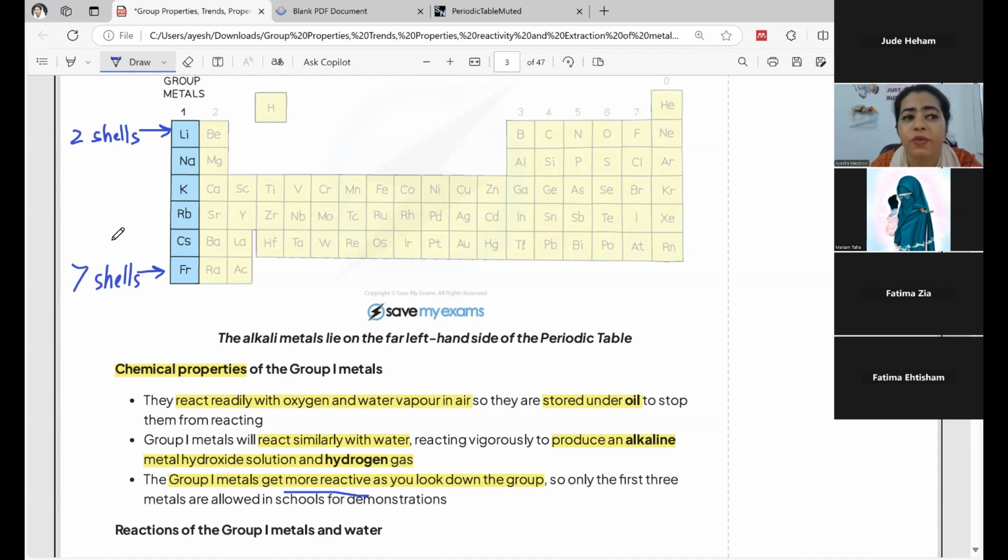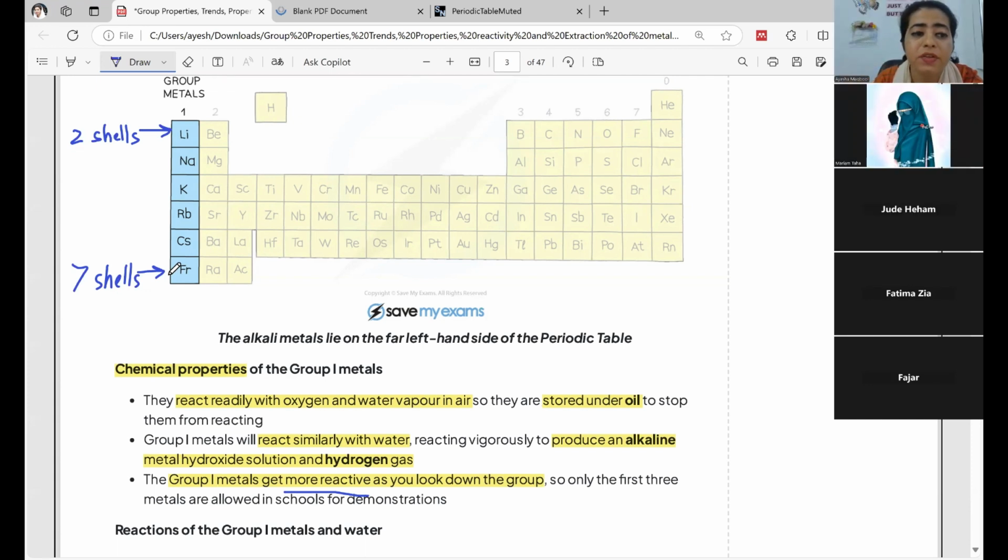Loss of an electron from the second shell, which is close to the nucleus and has some attraction with the protons at the center, will be a little hard. The loss of an electron from francium's 7th shell, which is far away from the nucleus, will be easy. So francium is going to lose an electron easily because of the weak attraction. It means it is going to be more reactive, quickly losing an electron, quickly reacting.